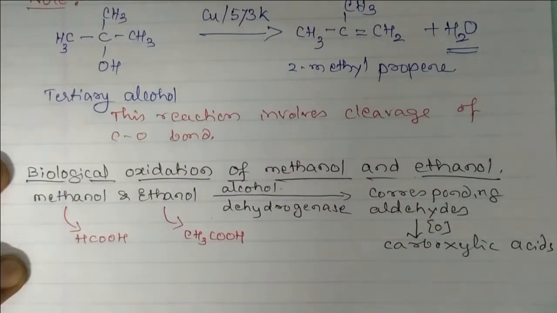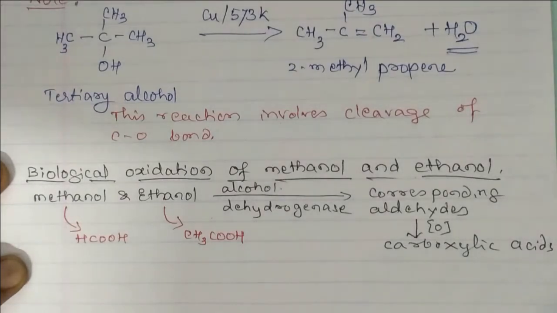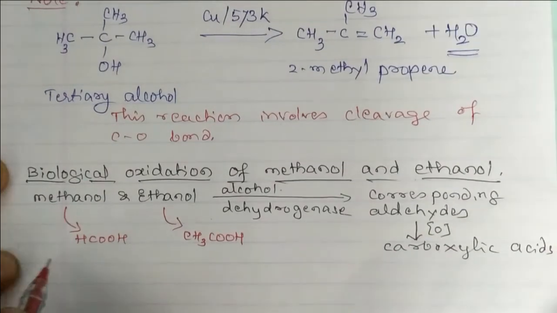If a human being consumes denatured alcohol, which contains a mixture of both methyl alcohol and ethyl alcohol, methanol is oxidized first to formaldehyde, then formic acid, methanoic acid, which may cause blindness.